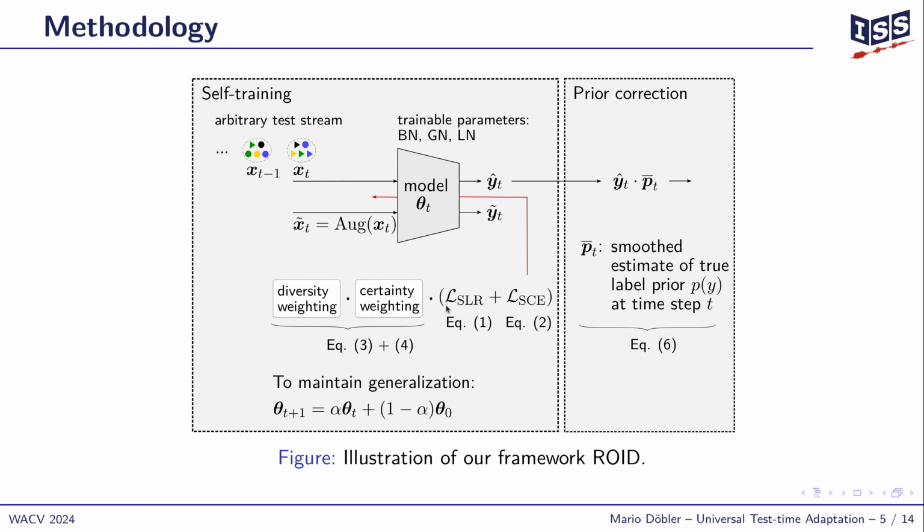We have a soft likelihood ratio loss combined with a symmetric cross entropy loss, which forces the model to learn some invariance to small changes in our input space, and weight these with diversity and certainty weights. To maintain generalization, we employ weight ensembling and finally apply prior correction to our output.